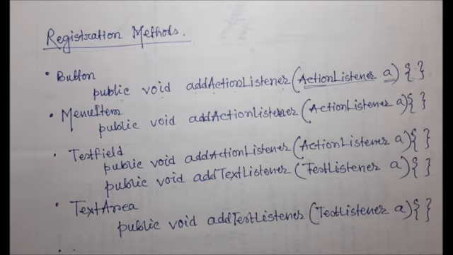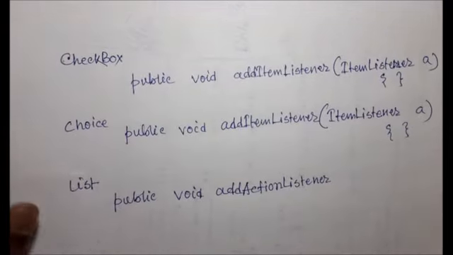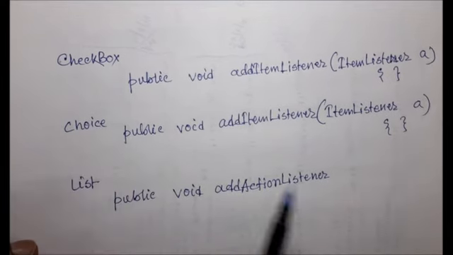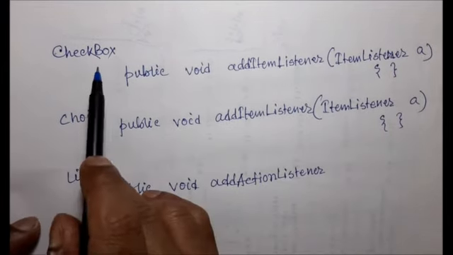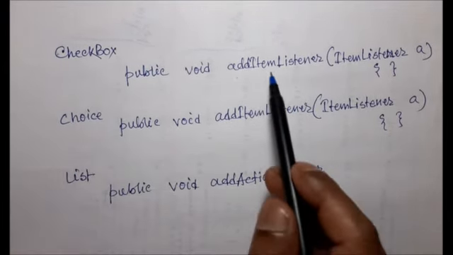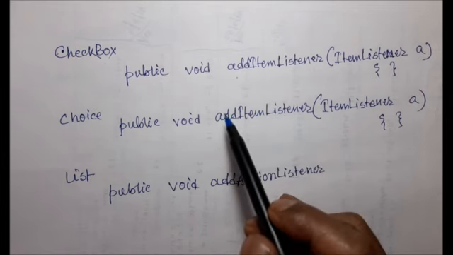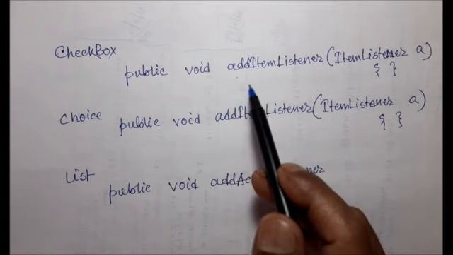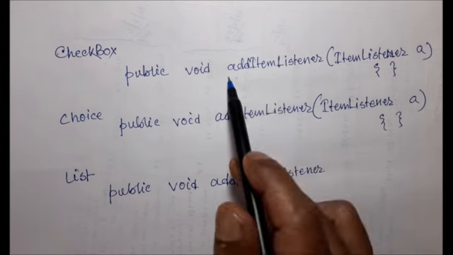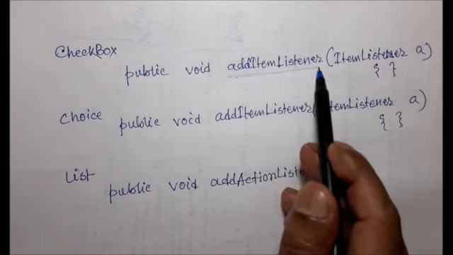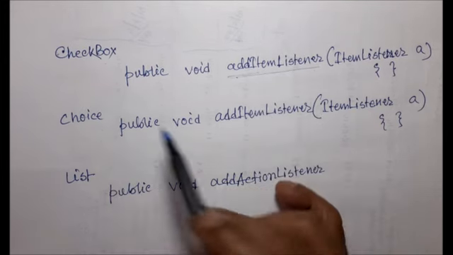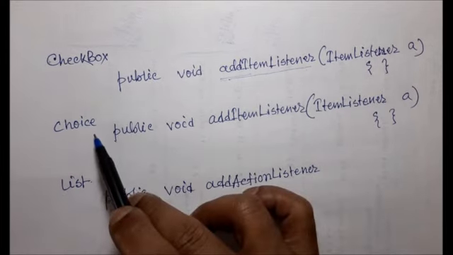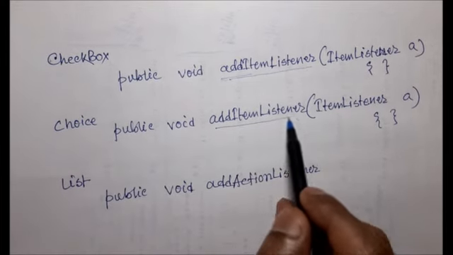And we already know some of the components also. Checkbox, you already know checkbox. If I use checkbox, we have to use add item listener, because when I click on this particular checkbox, some item is added. So that listener, add item listener, if I choose something, this is my component, we use add item listener.